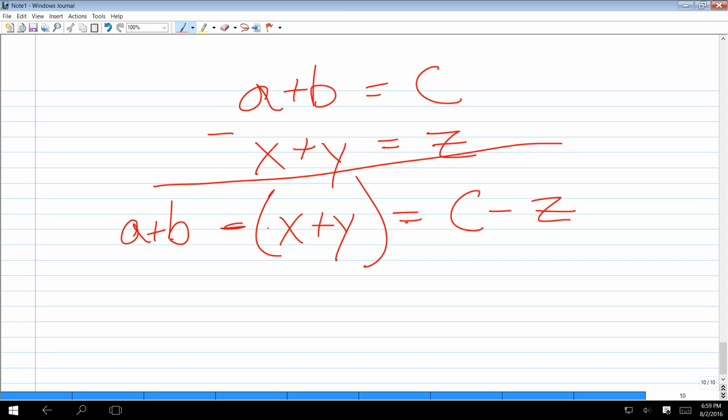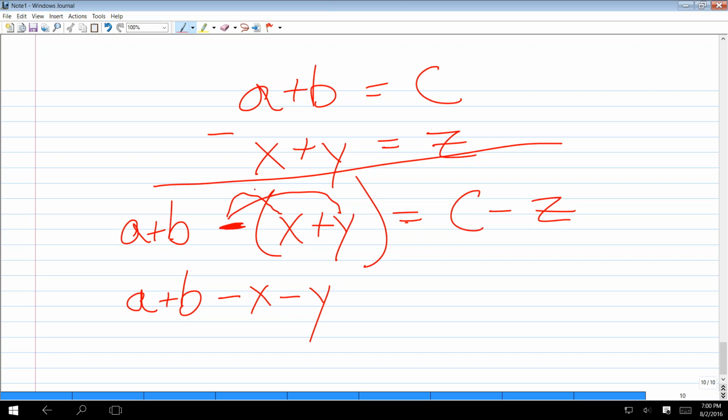But now, when I remove these parentheses, it does affect stuff. Remember, this negative sign has to be applied to every term that is being subtracted. Well, I'm not just subtracting X, I'm subtracting the quantity X plus Y. So when I remove those parentheses, this negative gets applied to that, so it becomes minus X, and it also gets applied to the plus Y, making it minus Y. Okay, that makes more sense.